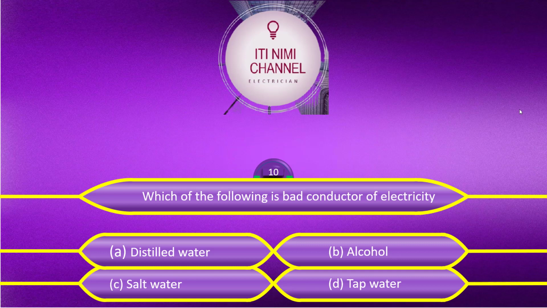Which of the following is bad conductor of electricity? Distilled water, alcohol, salt water, tap water. The answer is distilled water.